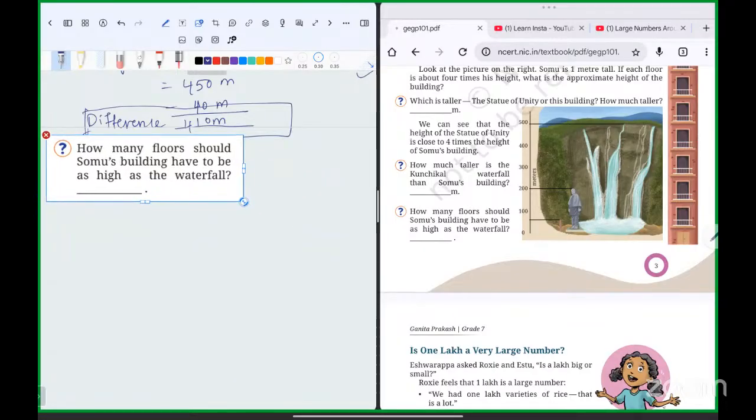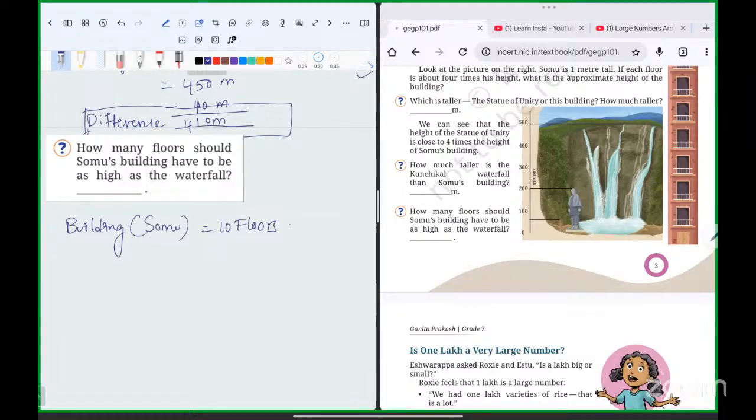So how many floors should Somo's building have to be as high as the waterfall? Initially, how many floors are there in this building? There are 10 floors previously in the building of Somo.